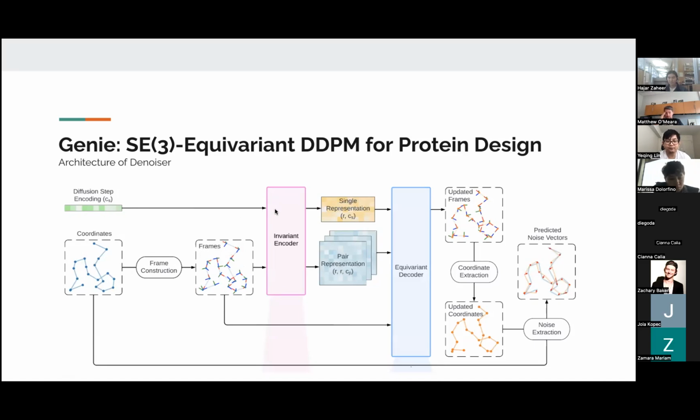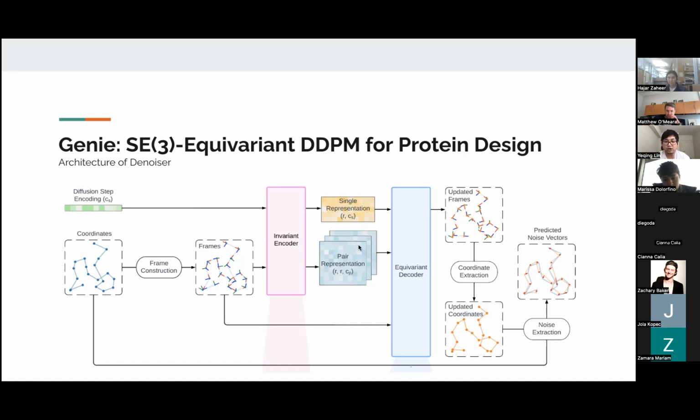The invariant encoder takes in the diffusion time step as well as the frame information, and generates the latent representation for this structure, which outputs a single representation, which is a per-residue representation, and also a pair representation, which is a pair-of-residues representation.